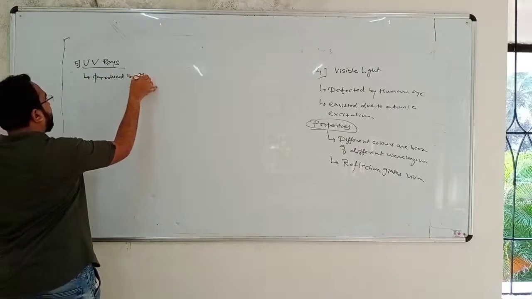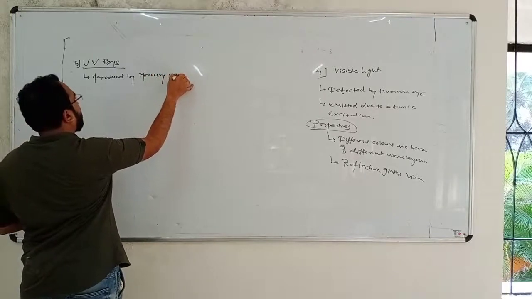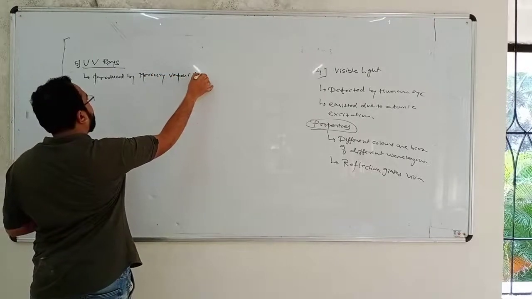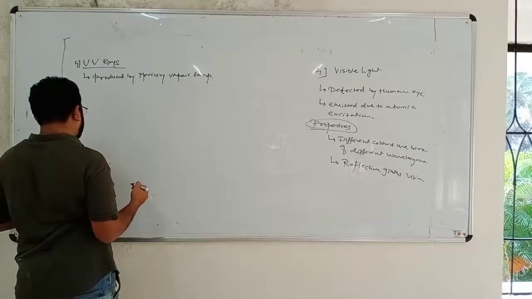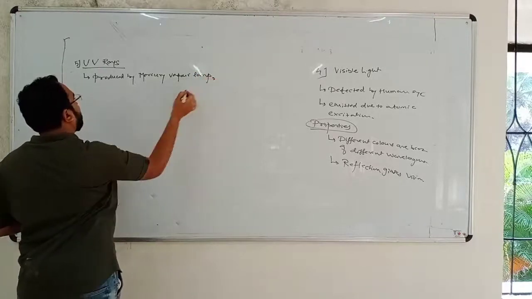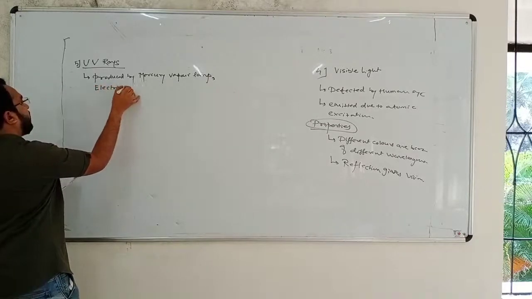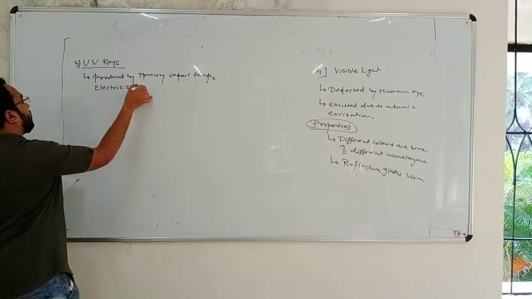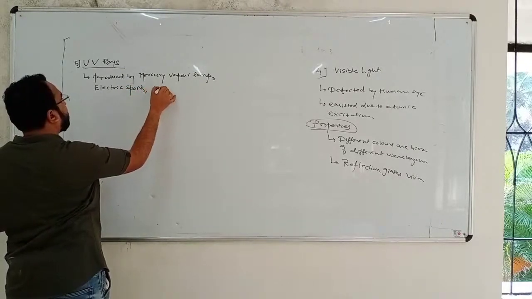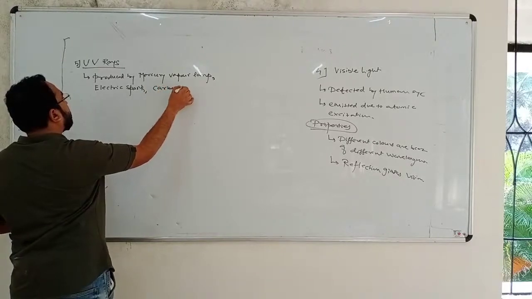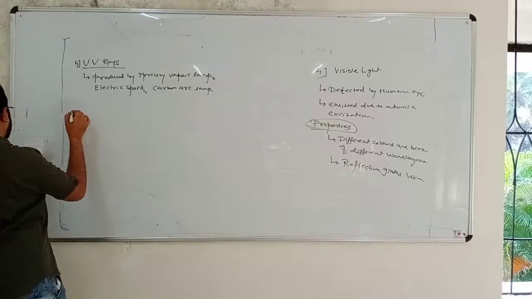Produced by mercury vapor lamp, electric spark or carbon arc lamp. These are the sources.